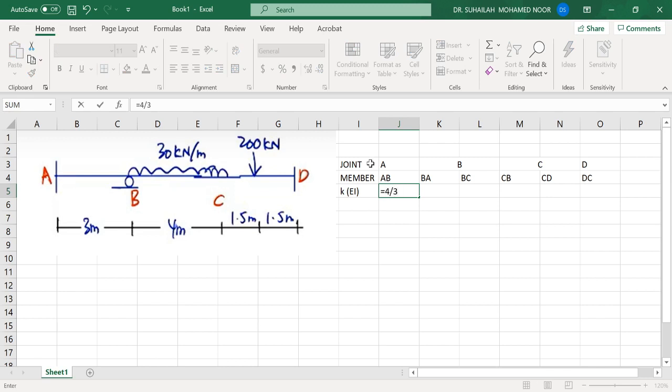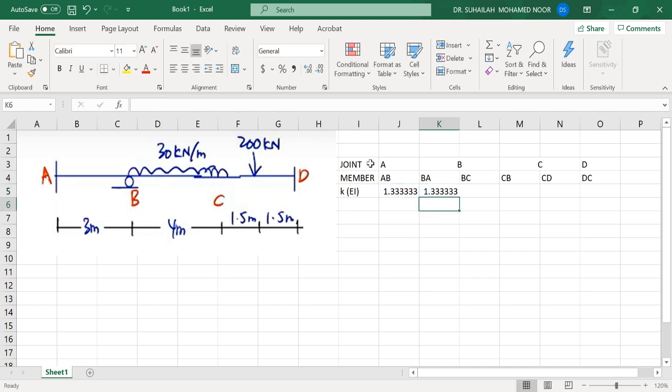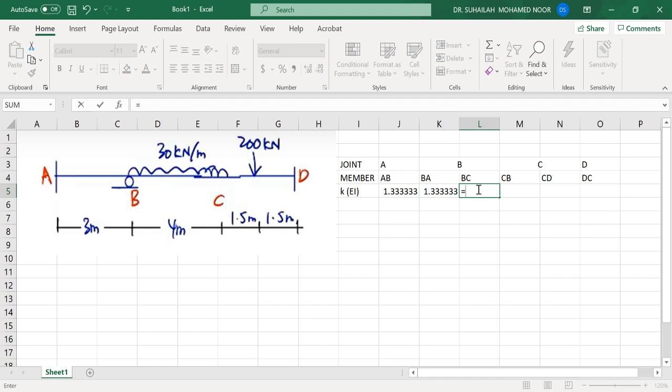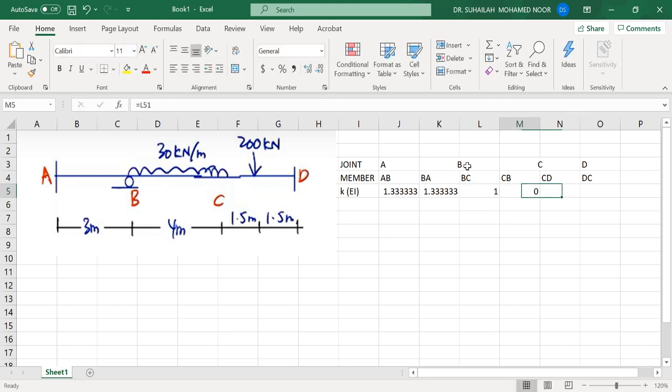The same goes for BA, because AB and BA have the same value. For BC, it is 4EI divided by 4, so this is equal to 1.